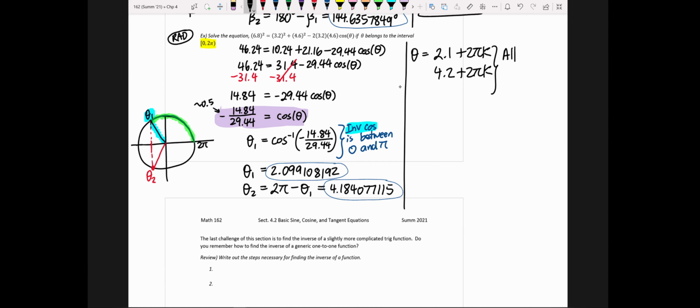So this gives us all solutions. Get into a habit of completing the full 3 steps. We did the pre-steps, then step 1, step 2, step 3. Now, if they only want solutions between 0 and 2 pi, then we can answer between 0 and 2 pi. That would be 2.1 and 4.2.